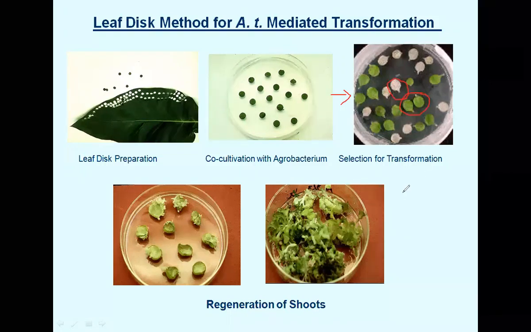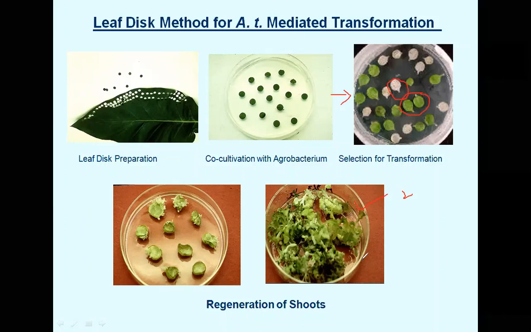The second test is called the molecular test. You go for what is called Southern blotting. So you isolate the DNA from these plants, then you digest it with one or maybe more than one restriction enzyme into smaller fragments.